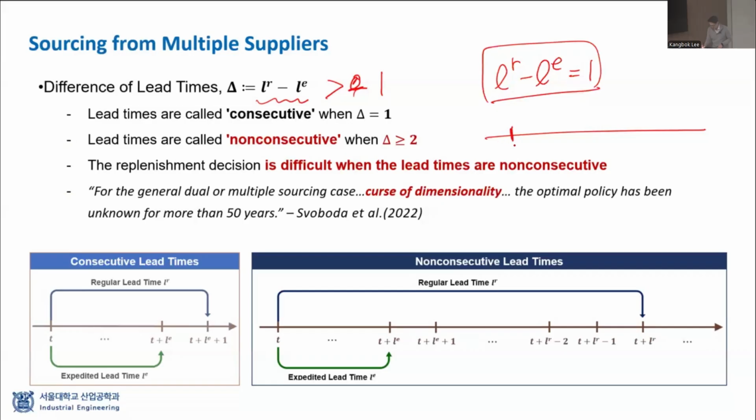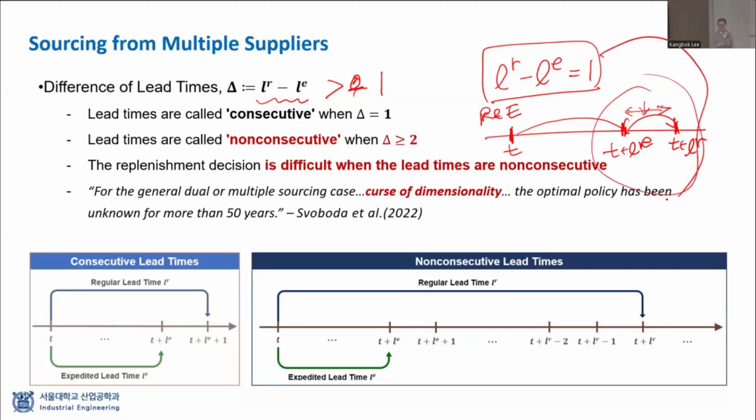If I order at this time from both the regular and expedite supplier, at some point the expedite supplier's order comes first, and then right after that the regular supplier's order comes. There are no orders coming in between those two periods, which makes this problem simpler, because I can pack it as a 1.